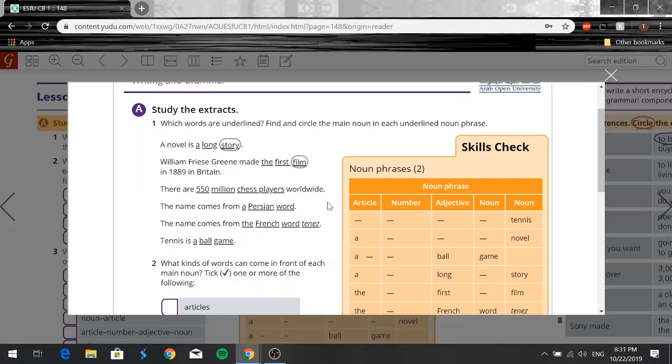Here we have, there are 550 million chess players worldwide. Right, so again, we have two nouns here, right? But which one are we going to choose? Remember, we want the main noun and not just any noun, okay? So again, ask yourself, can I say that there are 550 worldwide? No, doesn't make sense.